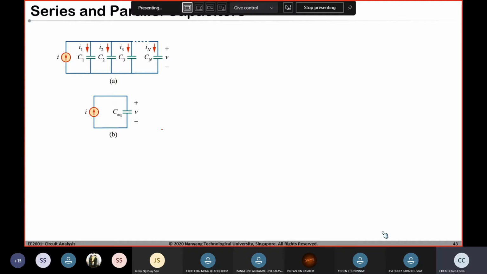How do we combine parallel combinations of capacitors? Here we know that the circuit laws remain the same. Inflow is equal to outflow, Kirchhoff's current law. The only difference is that I is now equal to C dV/dt.